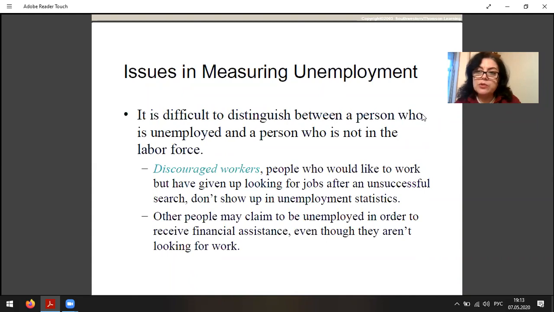So unemployed workers are the people that are very actively seeking jobs, and they are registered officially as unemployed because otherwise, they cannot receive any unemployment compensation or any other transfer payments realized by the government to assist these people.